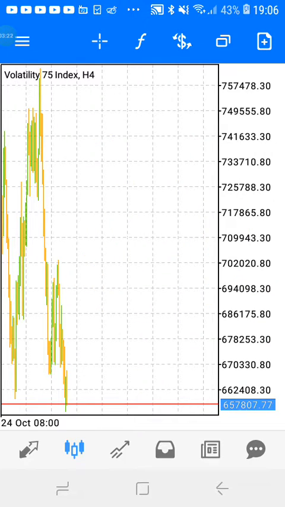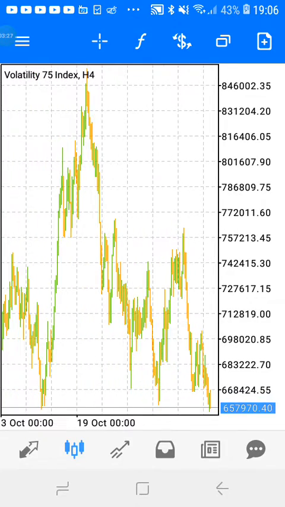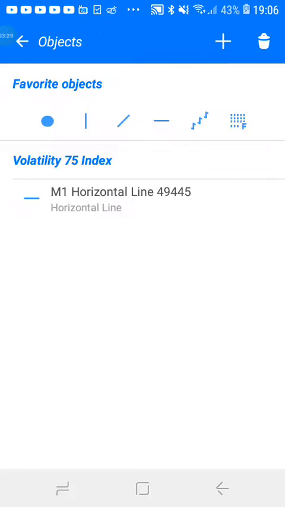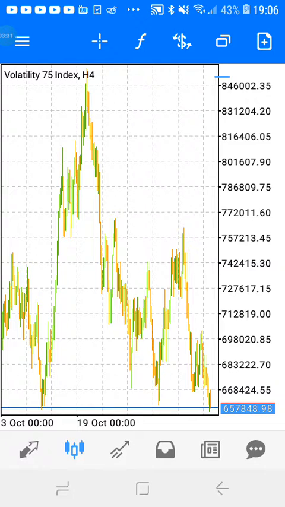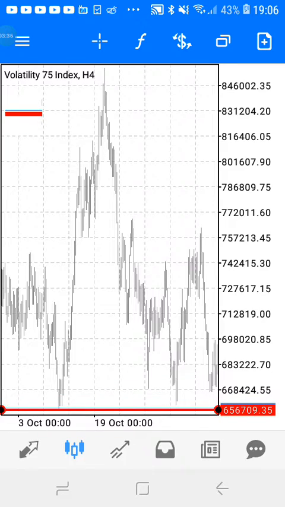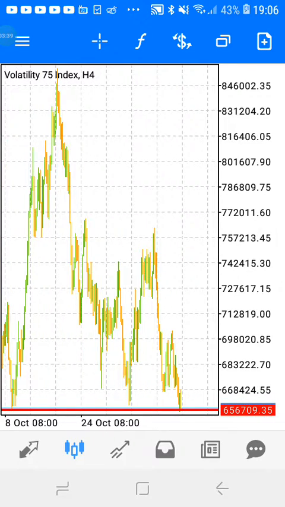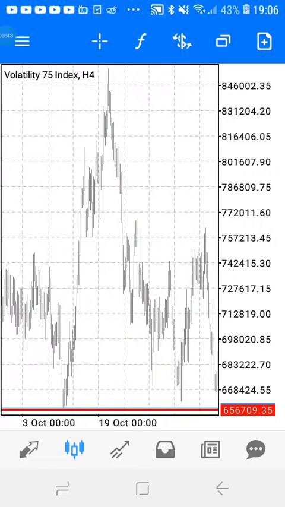So let's see what is happening on our H4. As you can see on our H4, this is looking good. Like what I said, price has got a memory, and as you can see here, it might reverse back, it might bounce back.